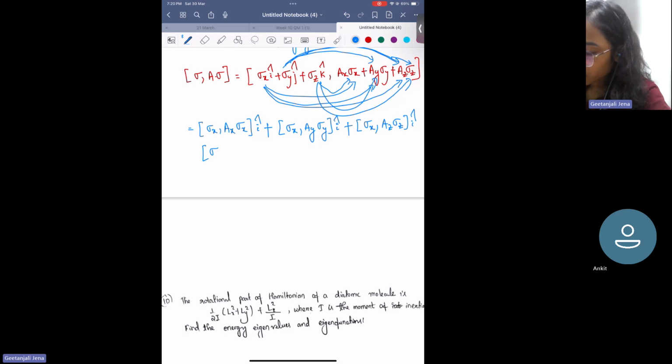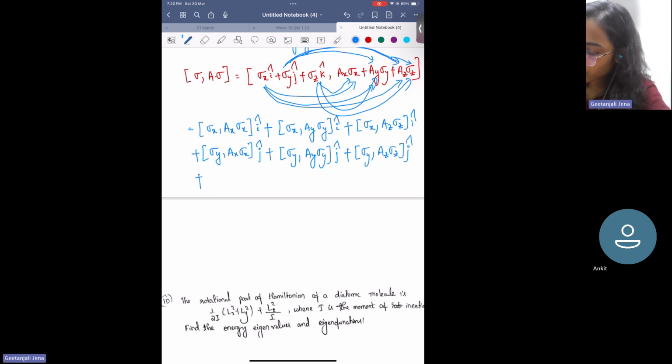Similarly, we have another set of terms for sigma y: sigma y, Ax sigma x j cap plus sigma y, Ay sigma y j cap plus sigma y, Az sigma z j cap.